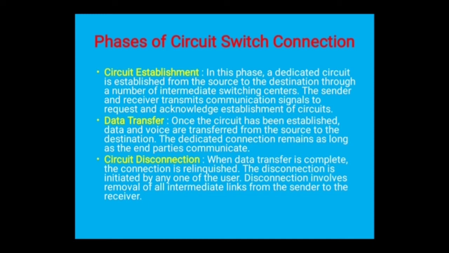Then once the path is established, we start transferring the data, and once the data is complete, the connection can be relinquished. The connection is initiated by one of the users, and disconnection involves removal of all the intermediate links. That means all the in-between switching nodes also have to disconnect the connection.